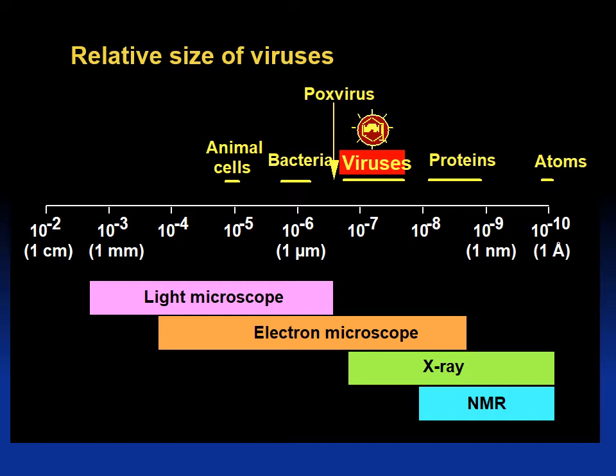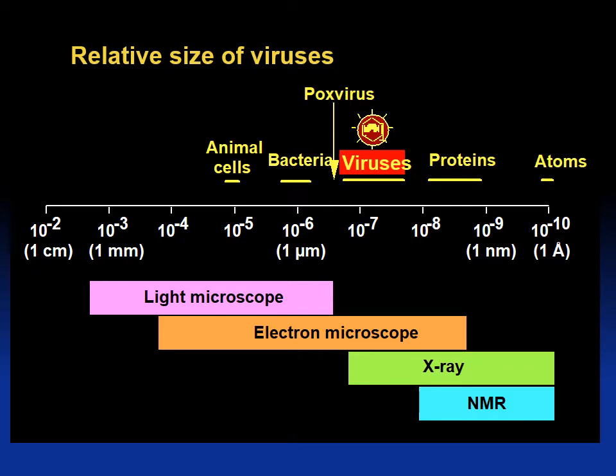The spectrum of light microscopy usually falls between 1 millimeter and 1 micron, or a little bit more. However, the electron microscope is far better, where you can resolve even up to 10 to the minus 8 in certain cases, or nearly 1 nanometer.